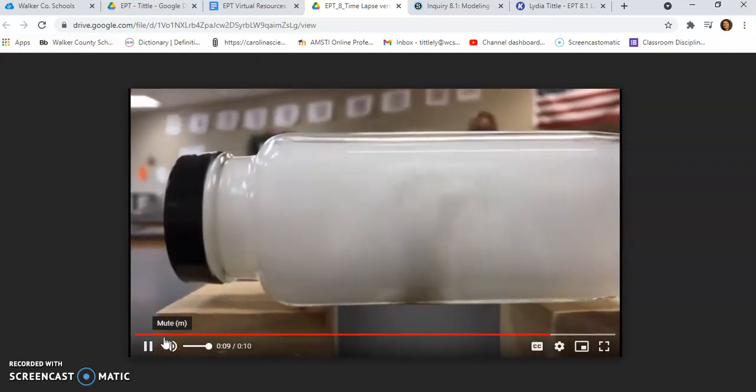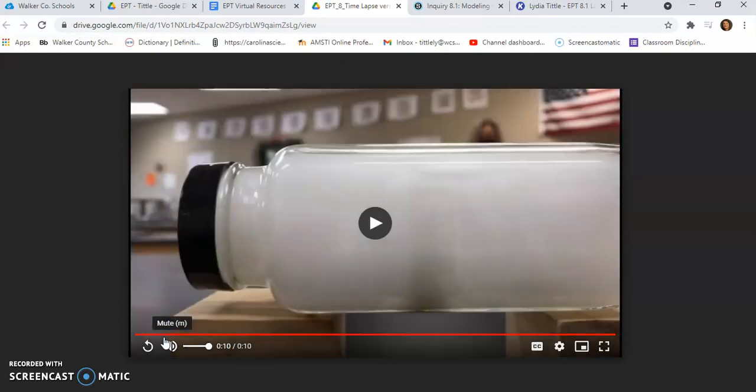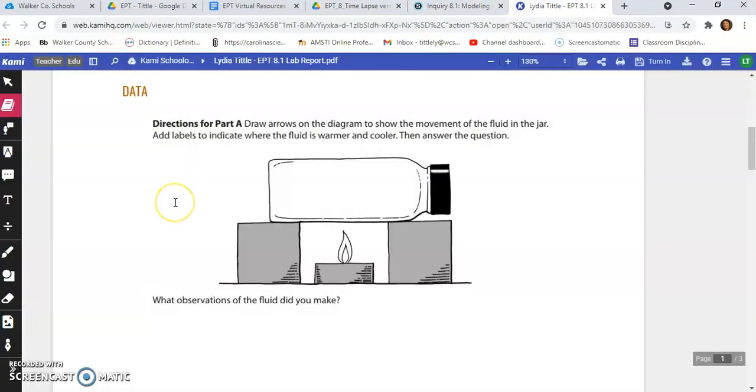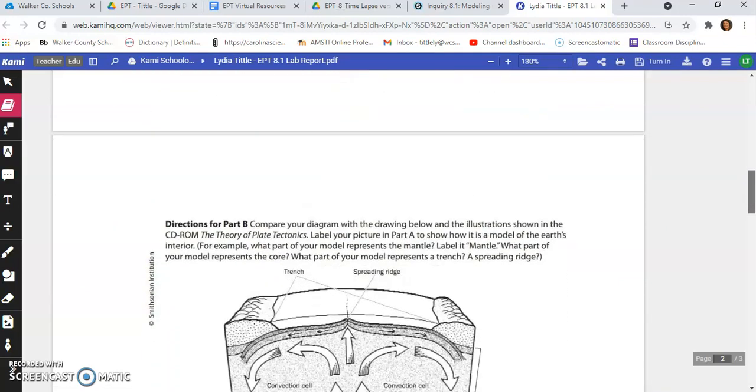It's more obvious. Okay. So, on your particular drawing here, you're supposed to draw arrows to show the movement of the fluid and indicate where the fluid is warmer and where it is cooler. And what observations of the fluid did you make? You can base that on what you saw from the video clips.